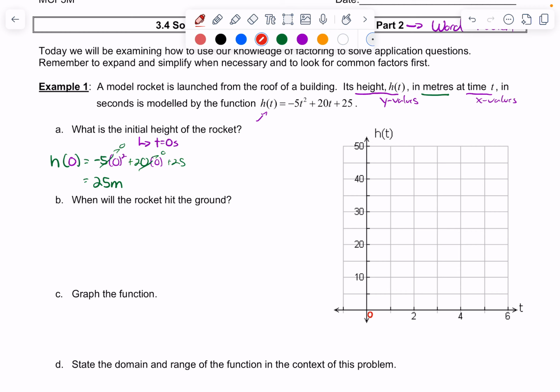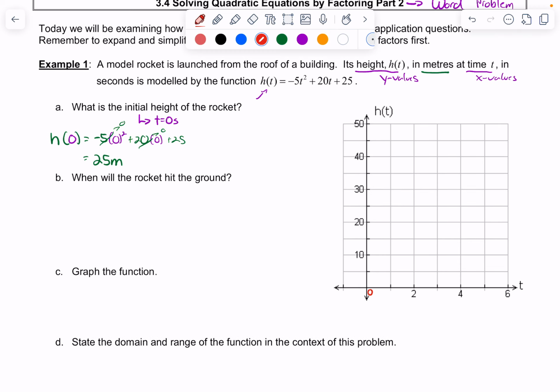Okay, so part B. When will the rocket hit the ground? Well, hitting the ground, in this case, means h of t is 0. The height is 0. So plug in 0 for your h, and that would be 0 equals minus 5t squared plus 20t plus 25.